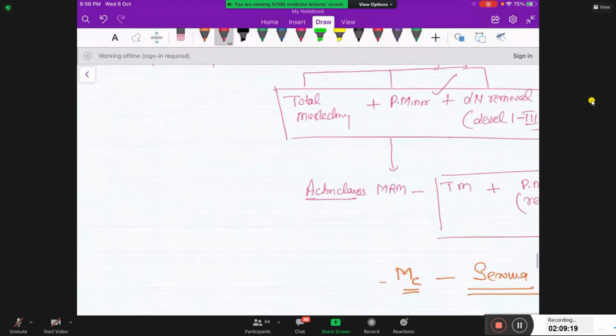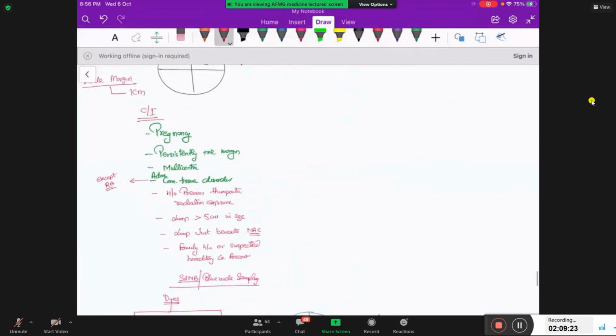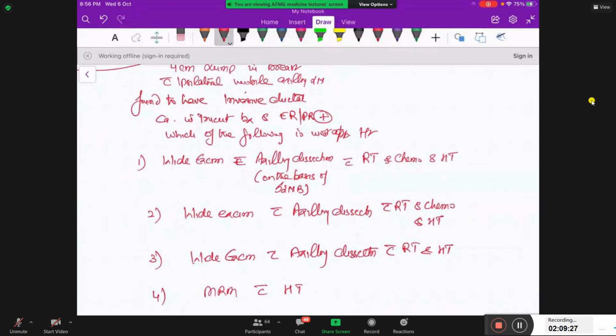So answer can't be C. That means the answer can be 1 or 2. Now who answered 2? Good round of applause for those who have answered 2. But why?